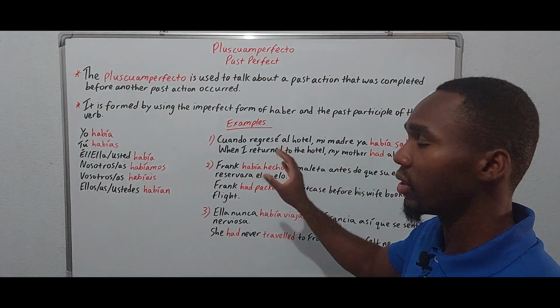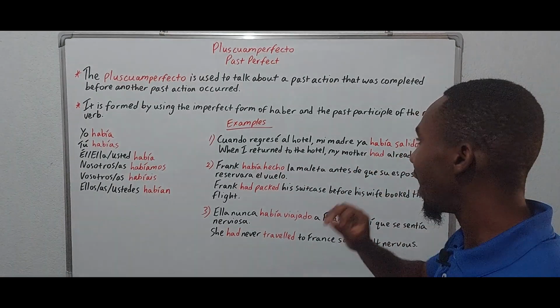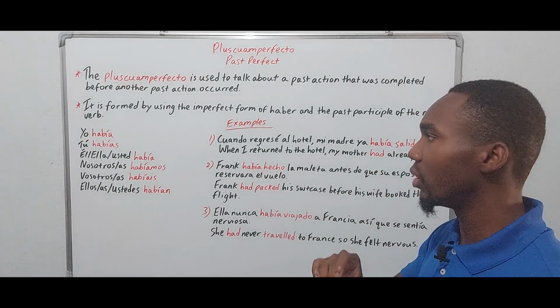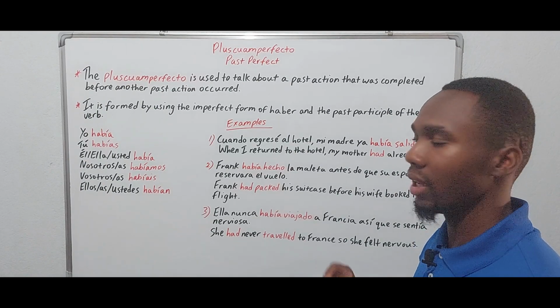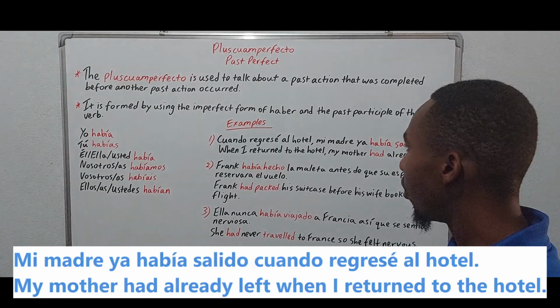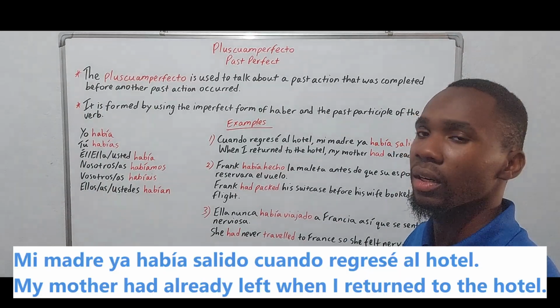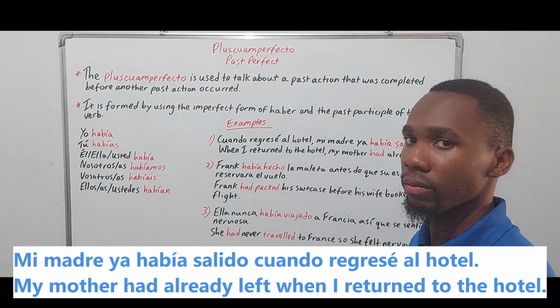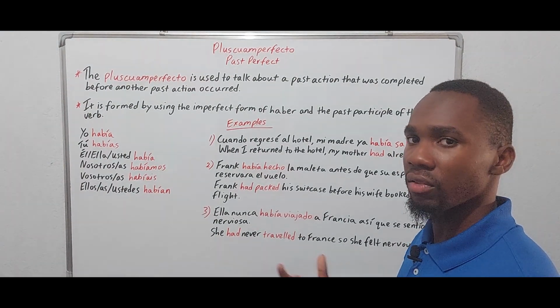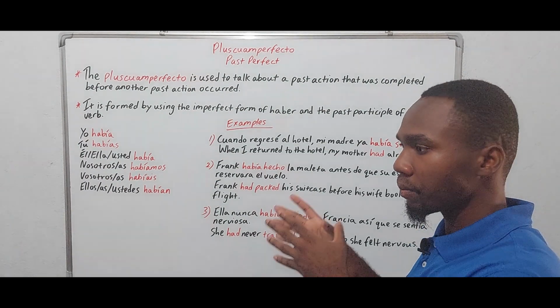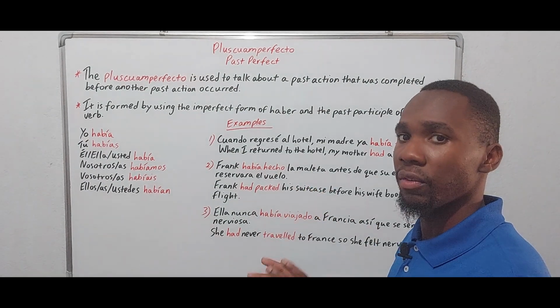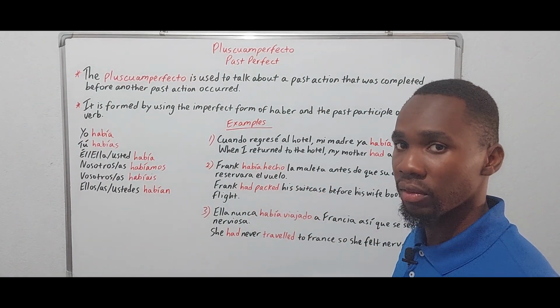I could also switch the order. Mi madre ya había salido cuando regresé al hotel. My mother had already left when I returned to the hotel. Right? The order doesn't really matter as long as the past perfect is used with the first event in the sequence. Okay?